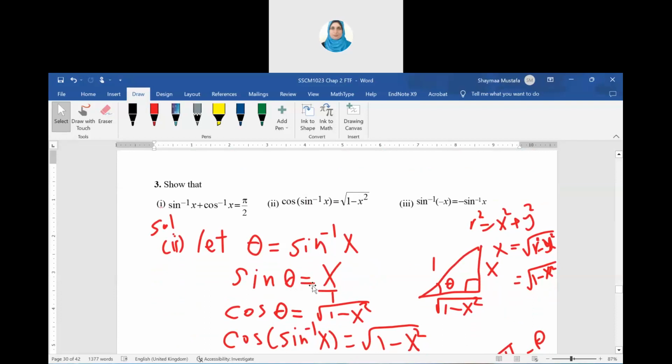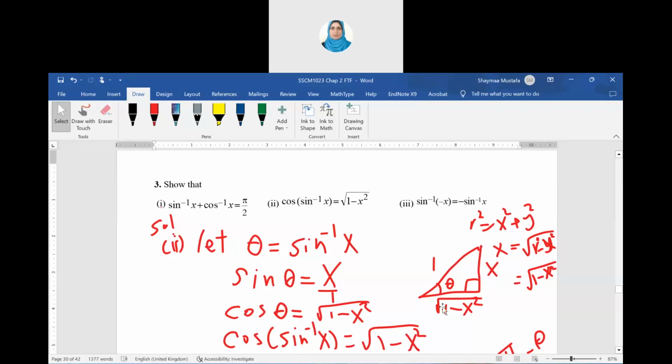For the second proof, we have sine theta is equal to x, so just calculate cos theta by using the triangle here, because we have a right angle, so the hypotenuse square is equal to adjacent square plus opposite square. So then you can use the definition of cosine.